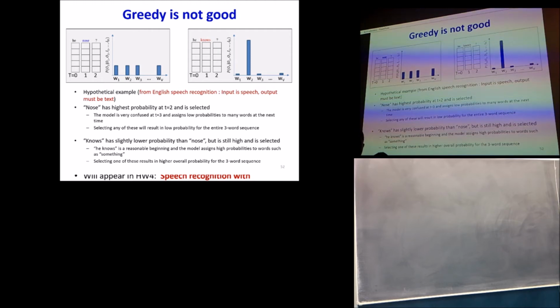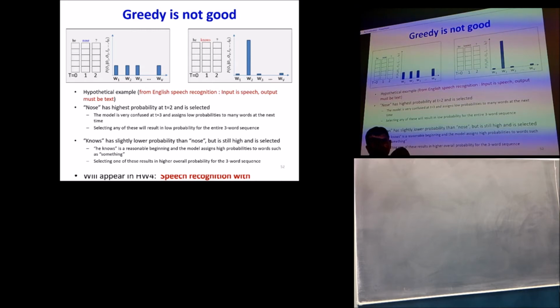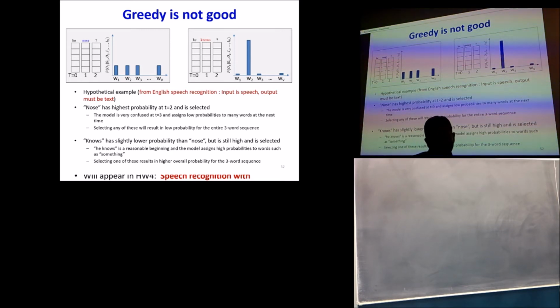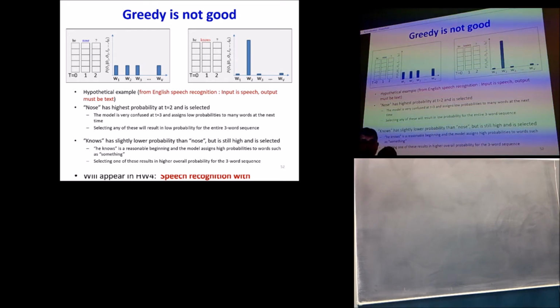At the second time, you fed this word "he" into the network. It computed a probability distribution, and from that you chose the word "knows", because "knows" was the most likely word at the second time. But then if you chose "knows" over here, "he knows", as if with the second word being the nose, which is this organ on your face, that actually is not a very reasonable sequence.